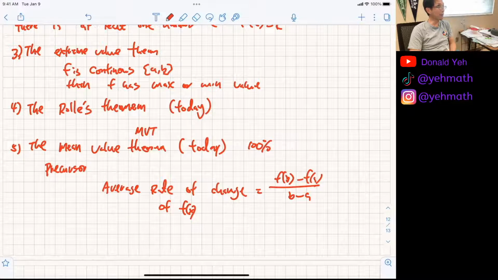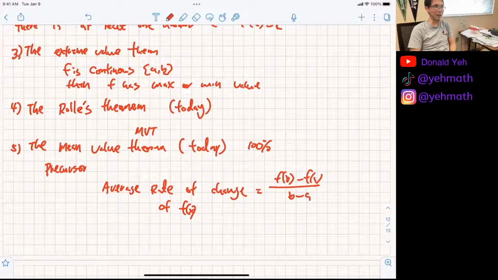If you ever see average rate of change on the SAT exam, just take the two different outputs divided by the difference of the inputs, and you're going to get the average rate of change.